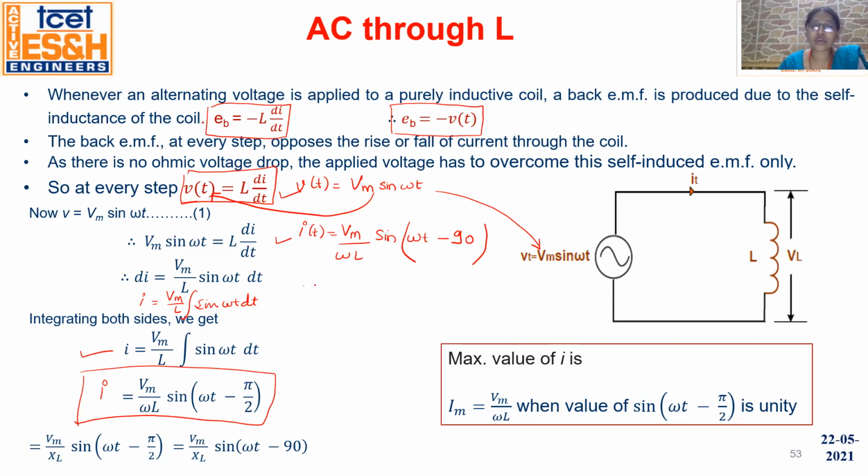Now what is the value of Im here? Im is nothing but Vm divided by omega L. So you can also write this equation: i is equal to Im sin omega t minus 90.